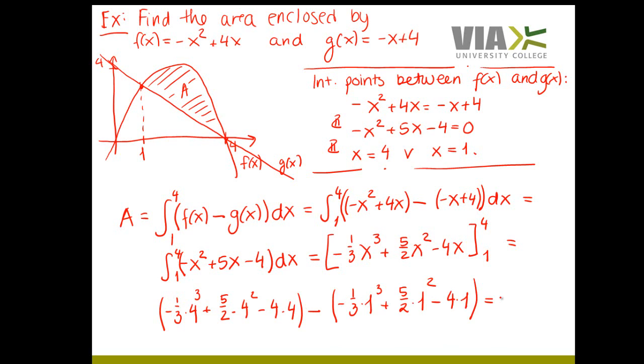And when you simplify that, that altogether gives you 9 over 2 or 4.5, whatever you prefer. So we have now calculated the value of the area A to be equal to 9 over 2.